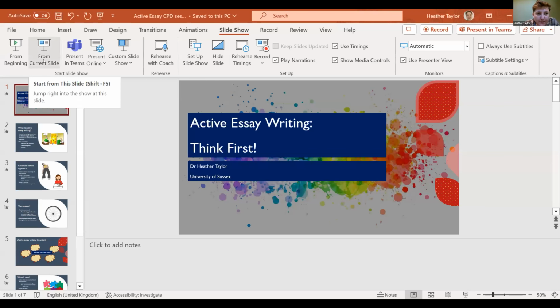Can you see my screen, that it's changed to the Jamboard? No, it's still on the slide. Yeah, I'll just stop sharing and then share again. Here we go. Sorry, at the moment it's black writing on a white background. I don't know how to change that.